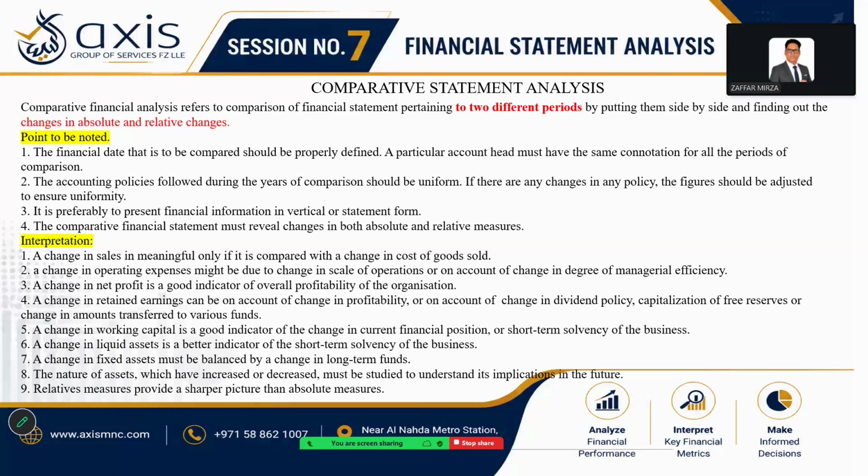We will understand these nine points by solving a number of questions. Because this is finance language, you may not understand when reading, but you can understand by solving small questions. Once you understand comparative statements, interpretations, common size statements, interpretations, trend analysis and ratio analysis, then you can solve your CMA questions.